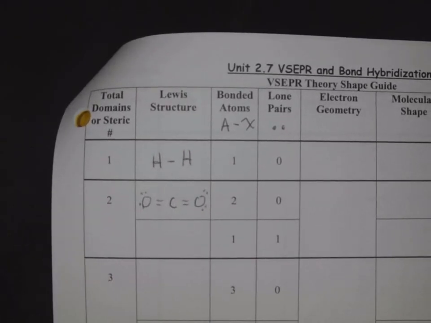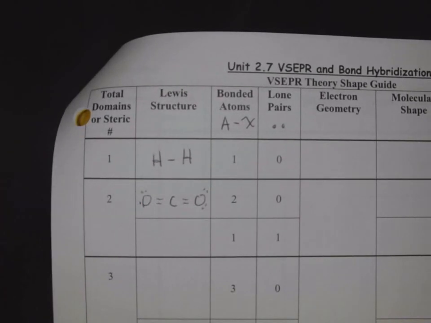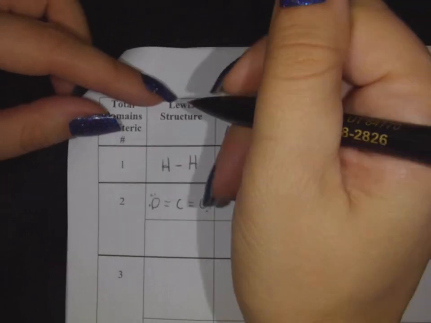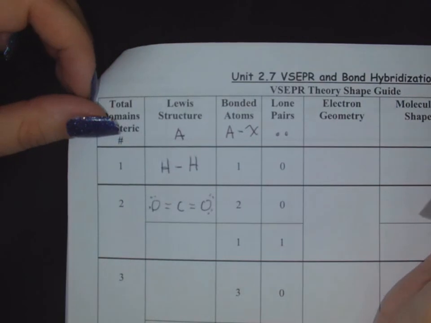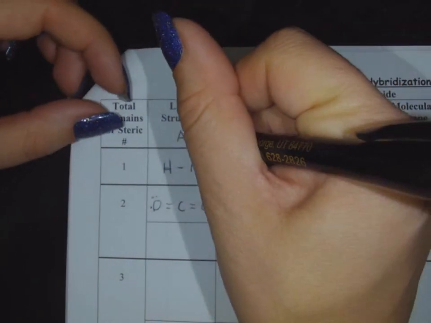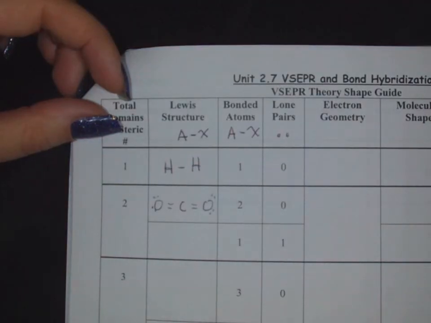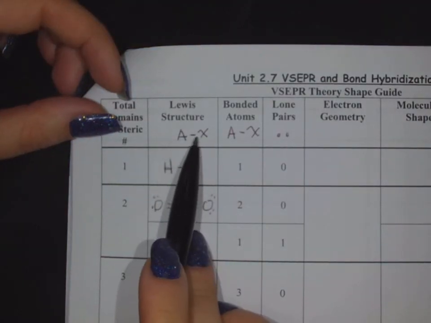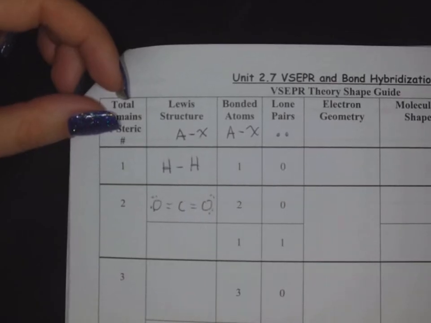Okay? So I'm going to keep going now. And instead of giving actual examples, we're going to do this structure where A is going to be in the center. A is always going to be my center one, and then I'll be bonded to X. Those will be the bonded atoms. But keep in mind that this could be a single, a double, or a triple bond, and then we can have lone pairs as well.